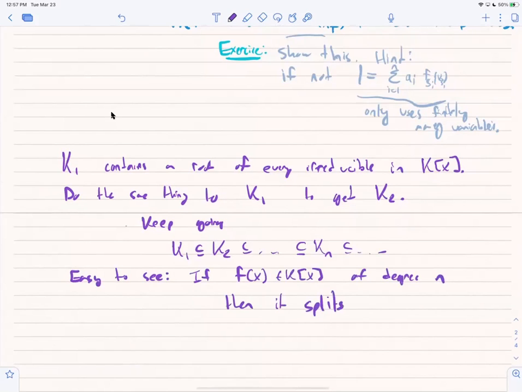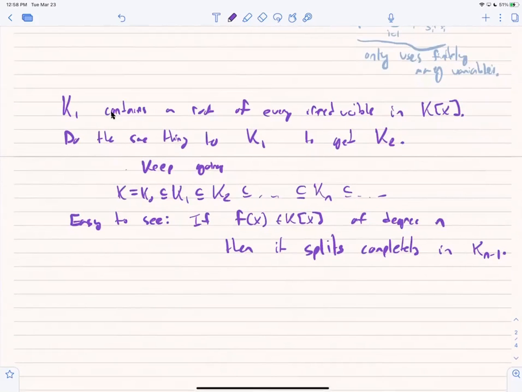Really, the way I've set the numbering, in K(n-1) even. So I'll say K0 is equal to K. A degree 1 polynomial already splits in K, a degree 2 polynomial will split in K1 because you've added a root. So once you add a root to the polynomial, it's all of them, and so on.